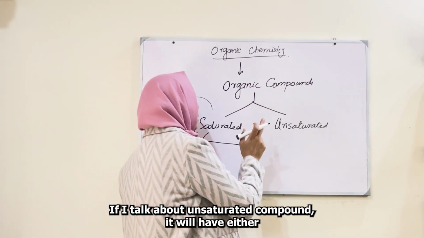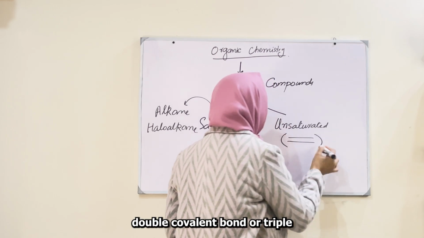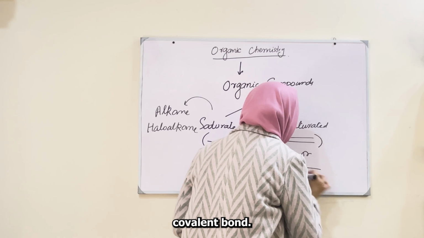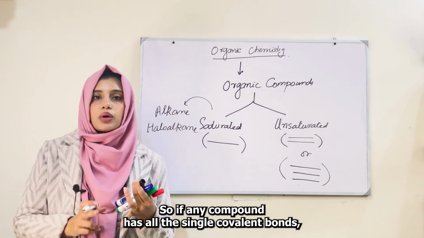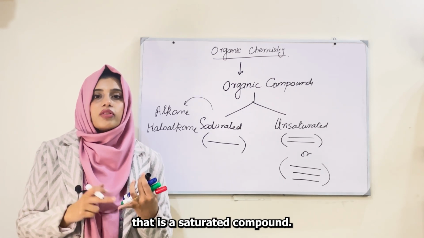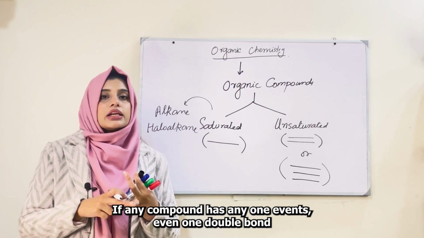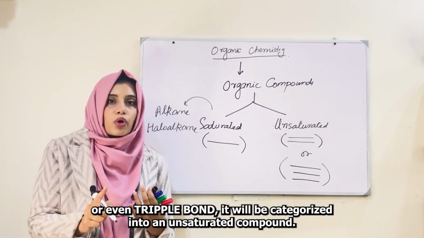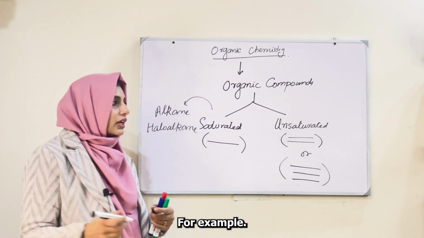If I talk about an unsaturated compound, it will have either a double covalent bond or a triple covalent bond. So if any compound has all single covalent bonds, that is a saturated compound. If any compound has even one double bond or even one triple bond, it will be categorized as an unsaturated compound.